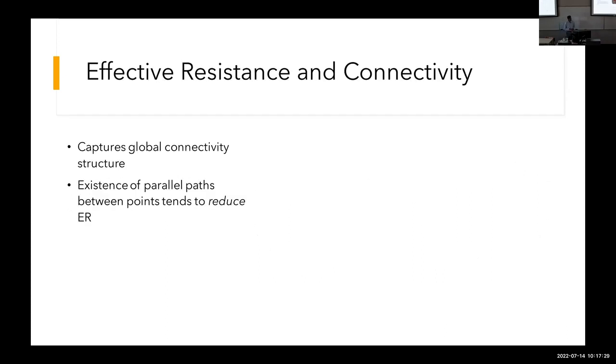Okay, so just some more intuition, right? So effective resistance is capturing some kind of global connectivity structure. And so just giving you this example. If we take this simple graph here, the shortest path distance is 3. The effective resistance turns out, you can compute it, it's 8/3.